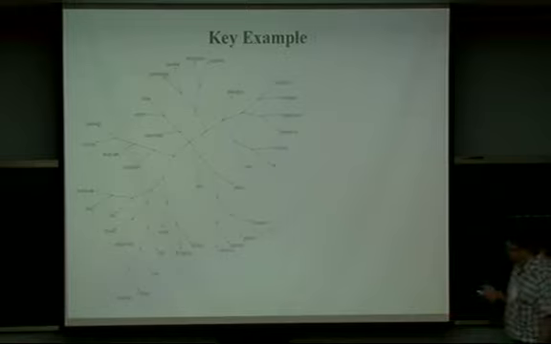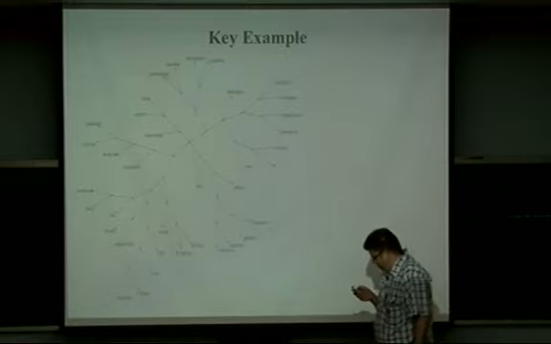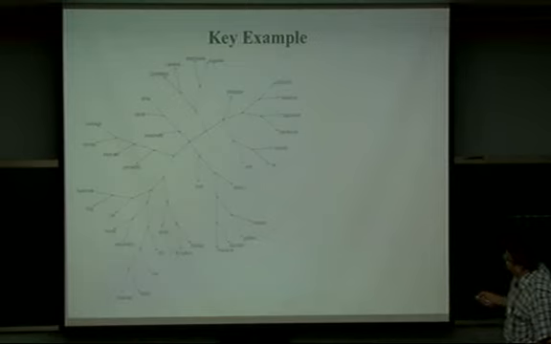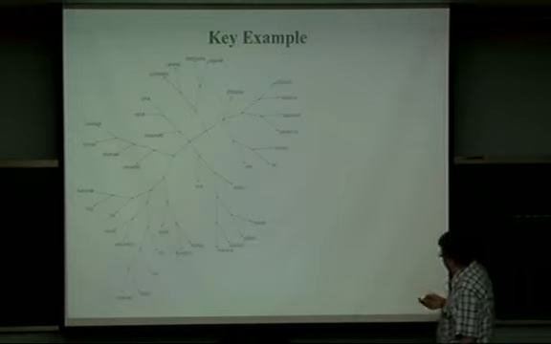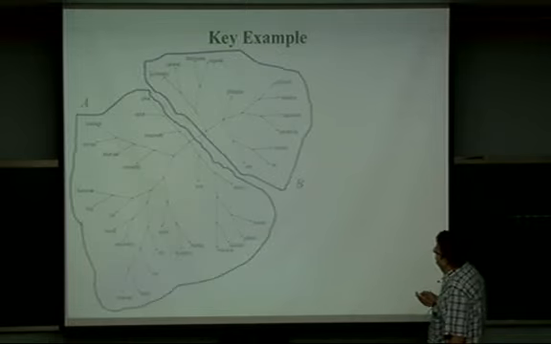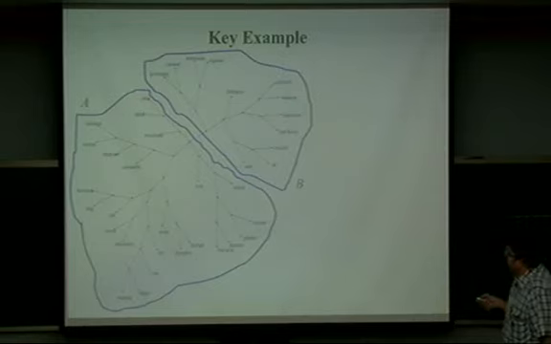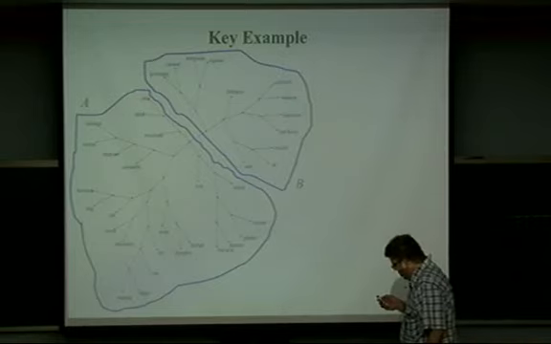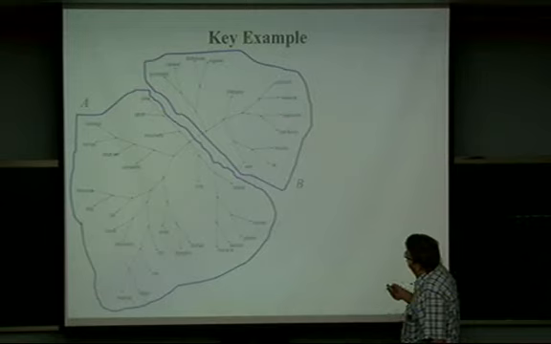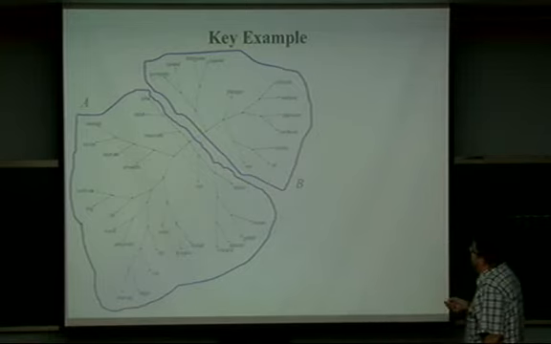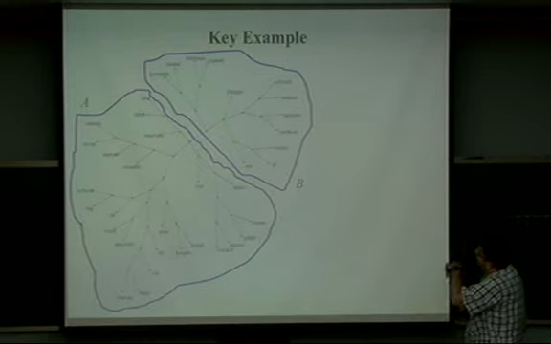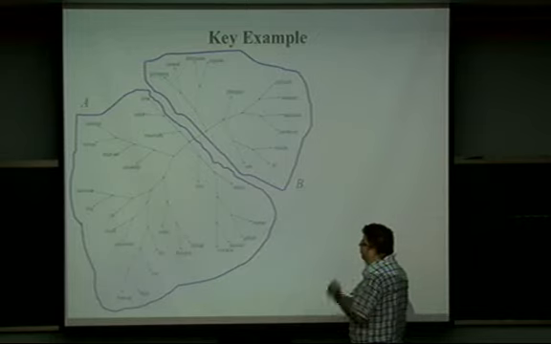Okay. So what do we want? You see, this is a tree of all the different species. We want to decompose the metric on the species into smaller metrics.